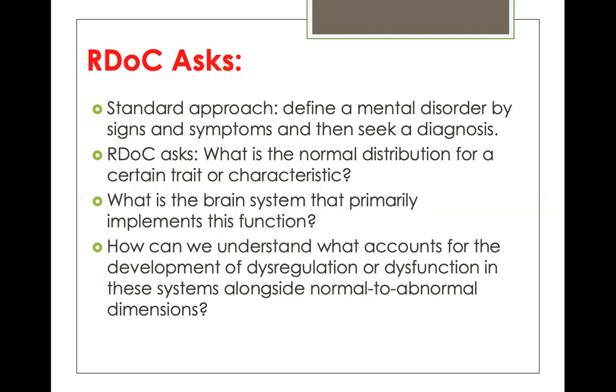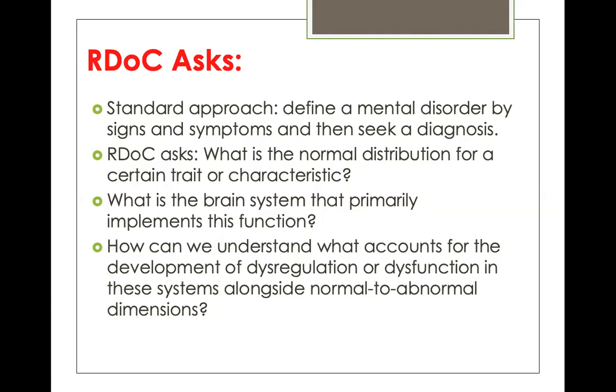So research domain criteria asks, what is the normal distribution for a certain trait or characteristic? And when does it become abnormal? When does it fall outside of the normal distribution? Or we might say, when does it fall outside of 2 standard deviations from the norm? And we ask, what is the brain system that implements this function?